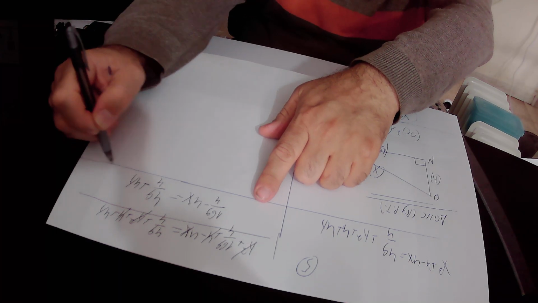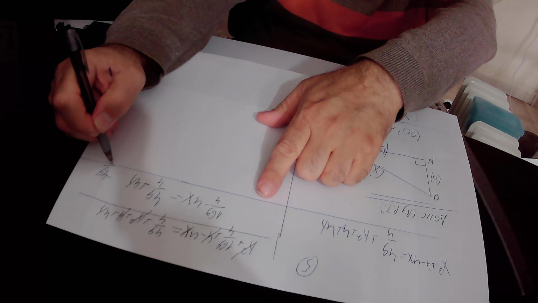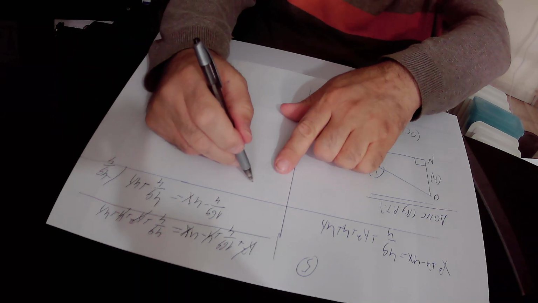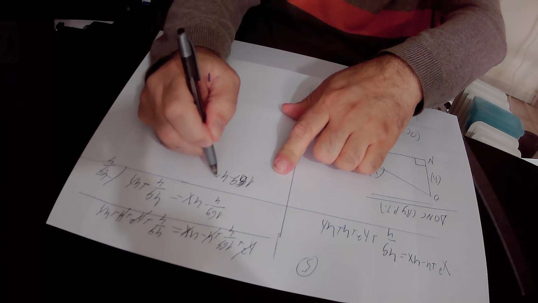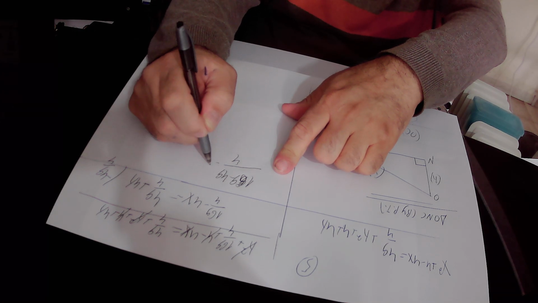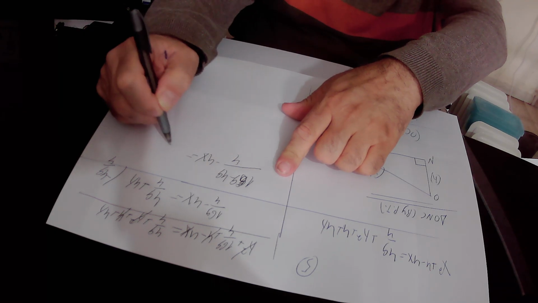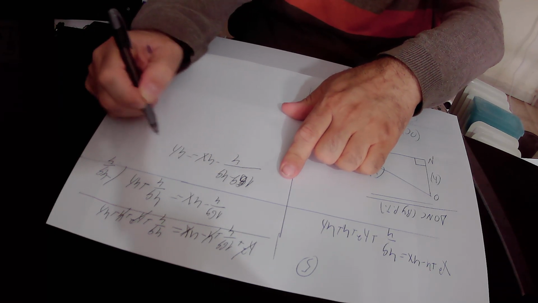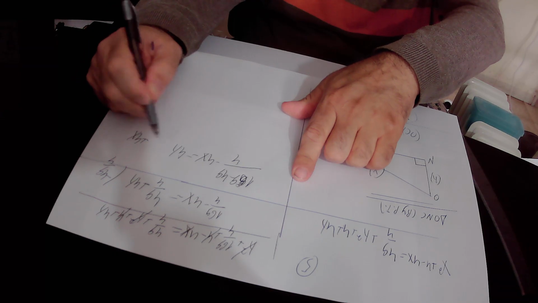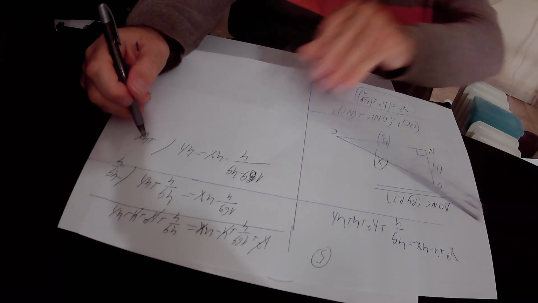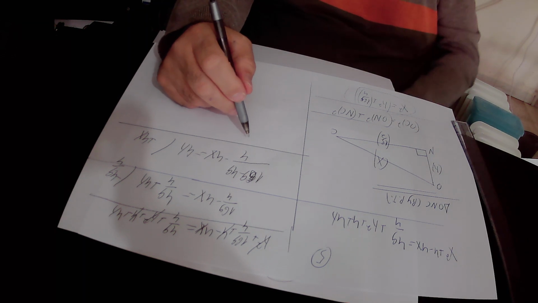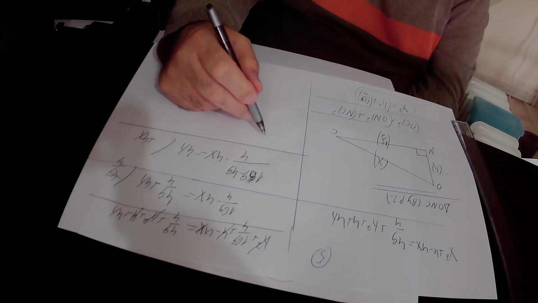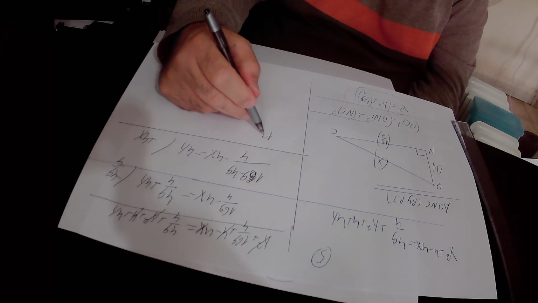Here we subtract 49 over 4 from this equation, and we get that 169 minus 49 over 4 minus 4x equals 4h. Here we add 4x to this equation, and 169 minus 49 is 120.